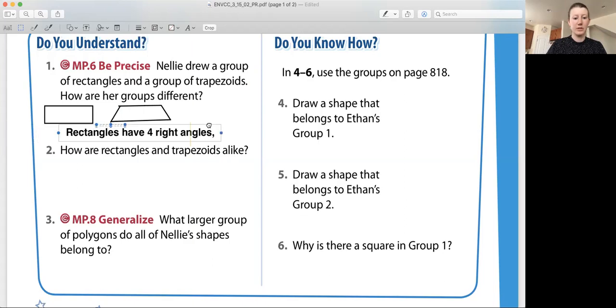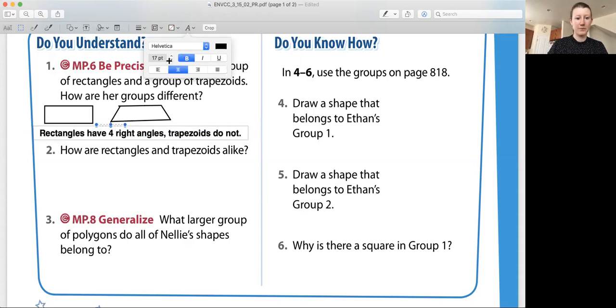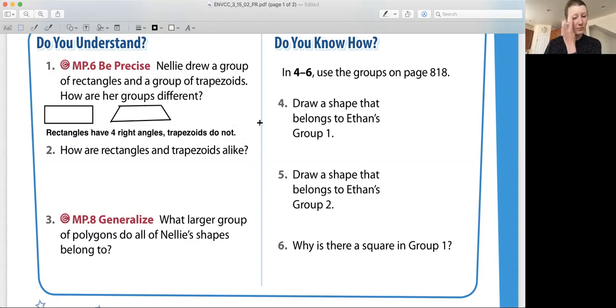Let's move this into the center. Trapezoids do not. Make that a little bit smaller so we can fit it. Okay. How are rectangles and trapezoids alike? Well, we do know that both rectangles and trapezoids are quadrilaterals, which means they have 4 sides.